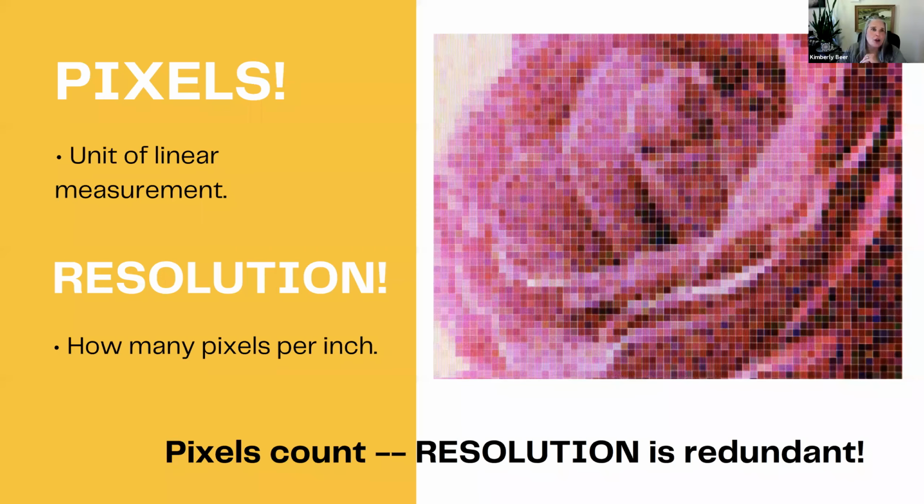How many pixels on the long side? We always do long side so that they'll understand that. If the image is that many pixels, it doesn't matter what the resolution is, because as we've learned, it's going to show up at that number of inches if it's on a device.